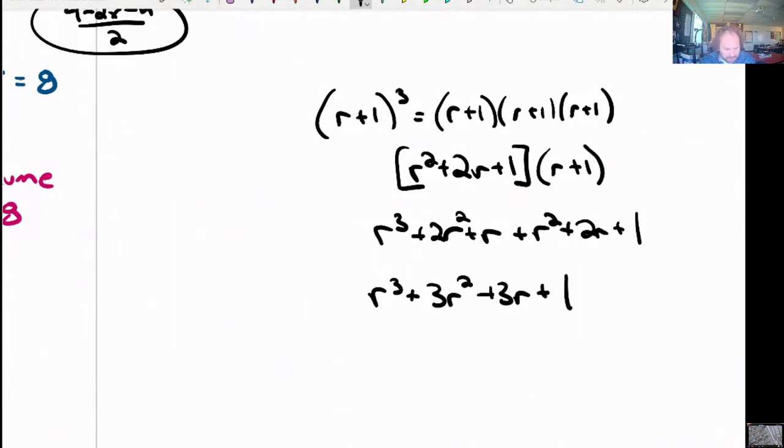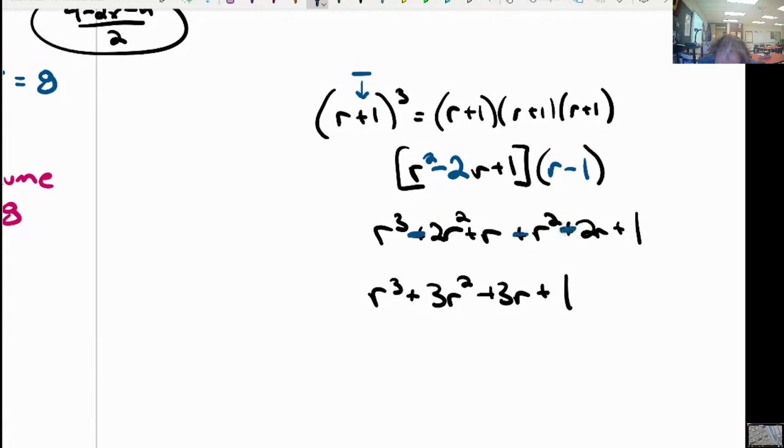The other one we have to consider is the same problem, but what if it was a minus sign instead of a plus sign? That would change only a handful of things. It would change this. Let's see, that plus would become a minus right there. And this would also be a minus, which would change, let's see, I have to think about which ones. This would be a minus right there, and these would all be minuses also.